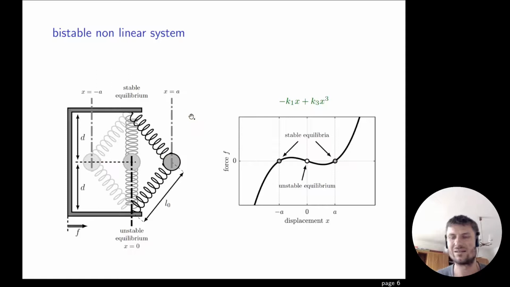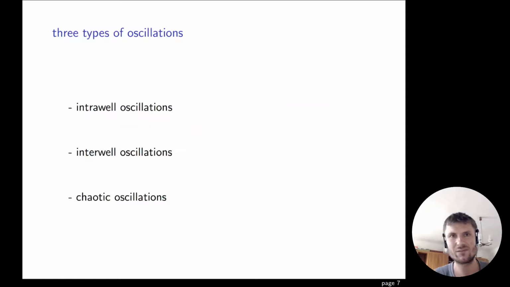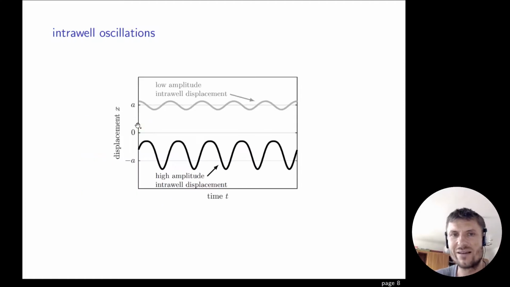And so this system can have three kinds of oscillations. The first kind is called intrawell oscillation, the other one is interwell oscillation, and the third one is the chaotic one. The intrawell oscillation is the one where the system oscillates around one of its stable positions, either for low or high amplitudes.